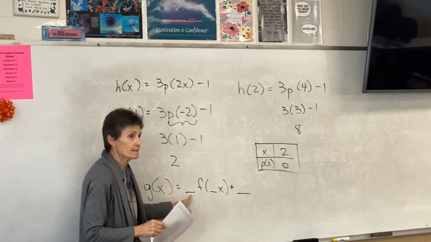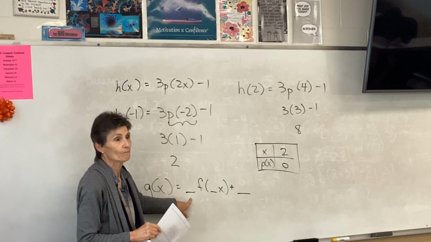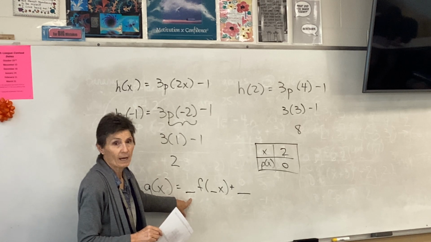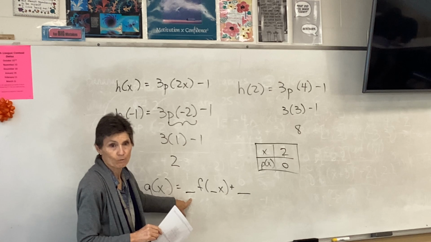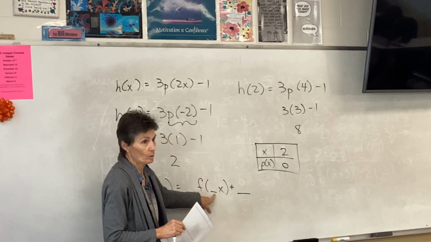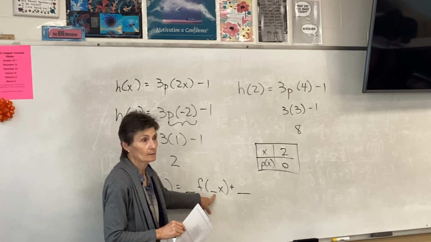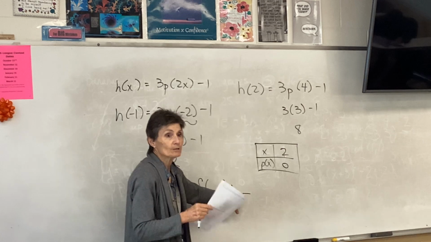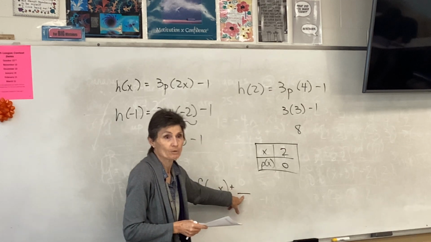This number right here is your vertical dilation, your vertical multiplier. What's this number right here? It's your horizontal dilation. And what's that number right there? Your vertical translation. How far up are you being lifted?